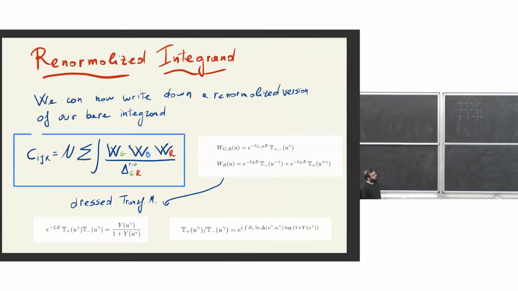Okay, so all of this to say that now we can rewrite our integral for our 3-point function in a completely finite way. So now all these objects are well defined, everything works very fine.